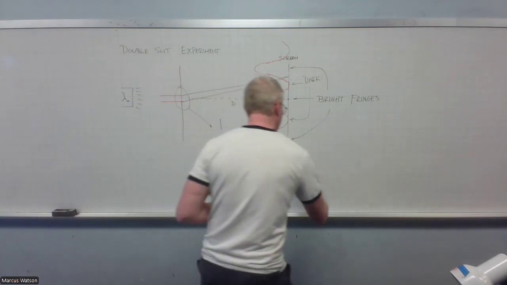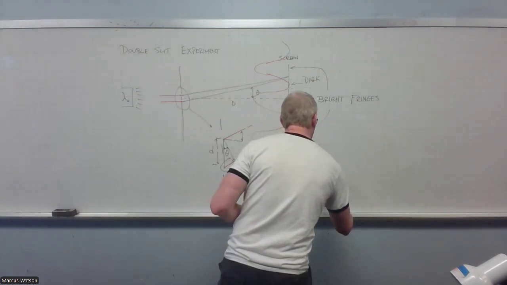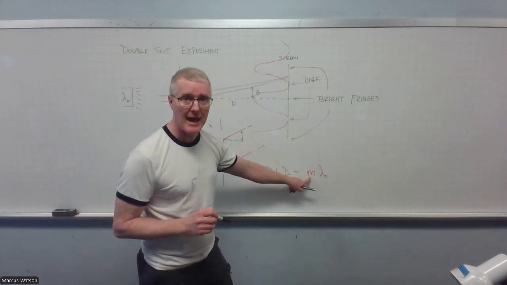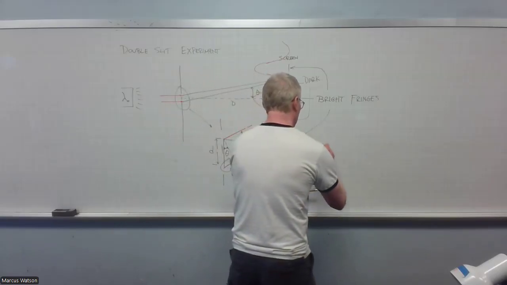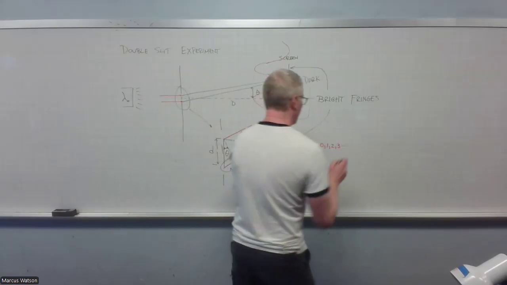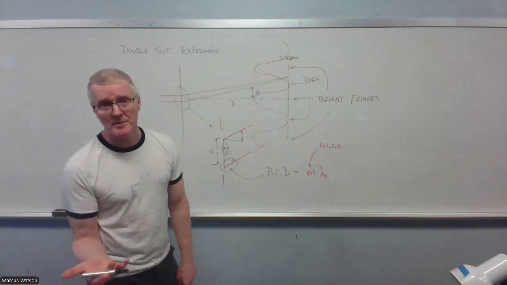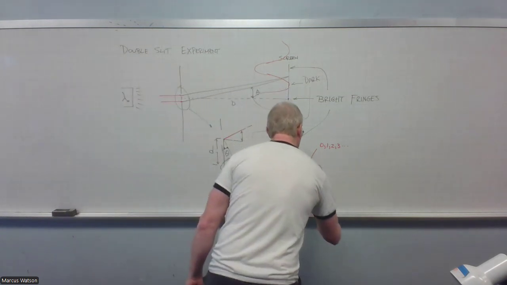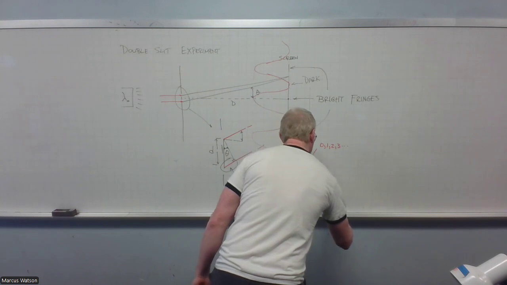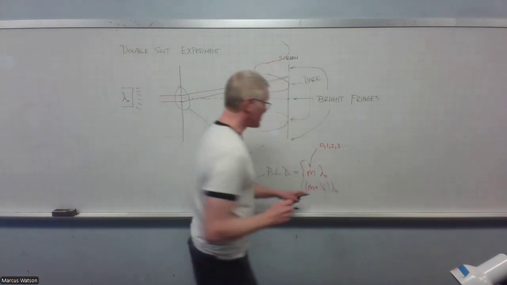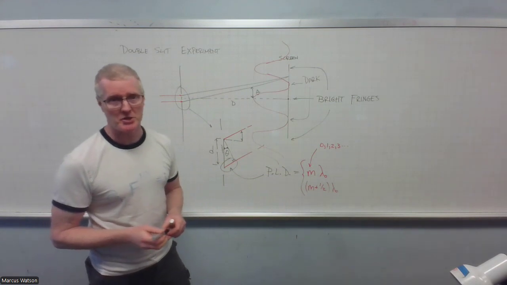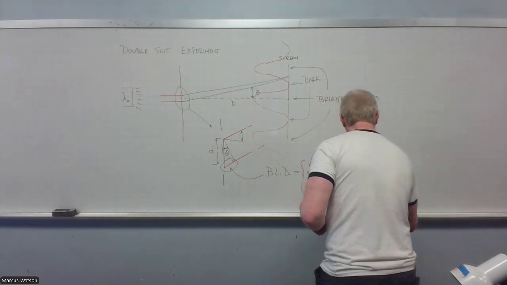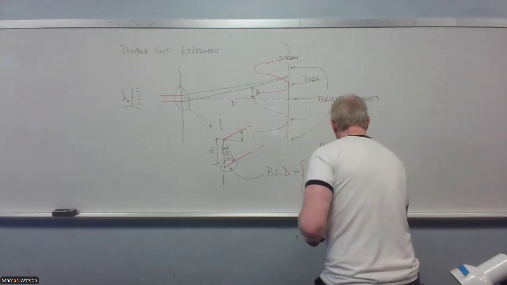So essentially what we're asking is, is this path length difference equal to some integer m, 0, 1, 2, times lambda naught, in which case it's going to be a constructive situation, or is it m plus a half times lambda naught, in which case now I've got a destructive situation. So, constructive, this is destructive.